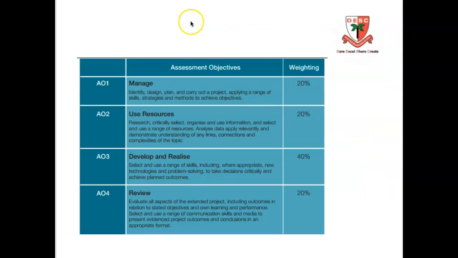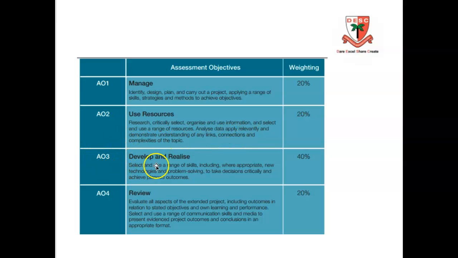I'm not going to go into the assessment objectives in a lot of detail, but I'm just going to remind you that this is a great opportunity for students to score across all 4 assessment criteria. So they can show how they manage the project, evidence of their planning. They can talk about their sources and how they treated them critically.